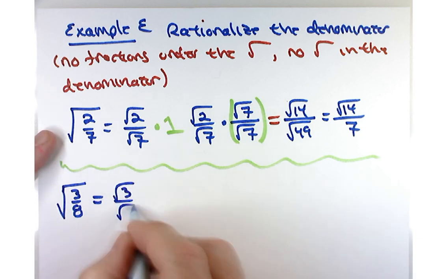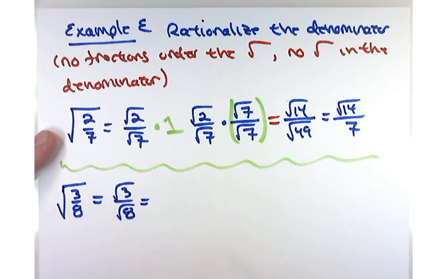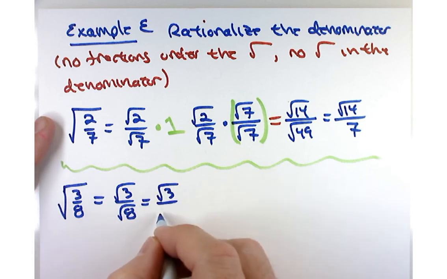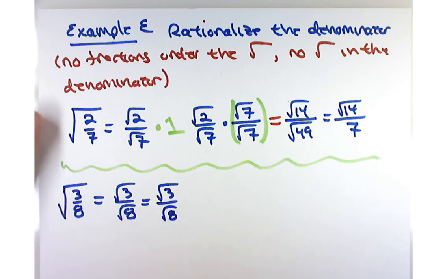We'll start out by writing it as square root of 3 over square root of 8. And maybe based on what we did up above, you've got an idea of what's going to come next. What could I do next? If I want to get rid of that square root of 8 in the denominator.